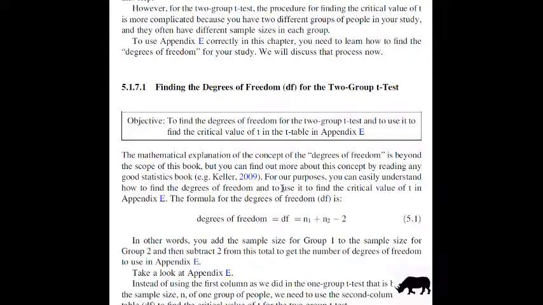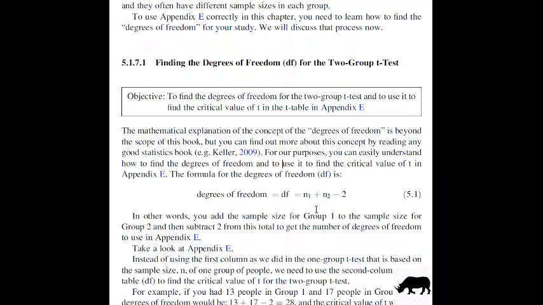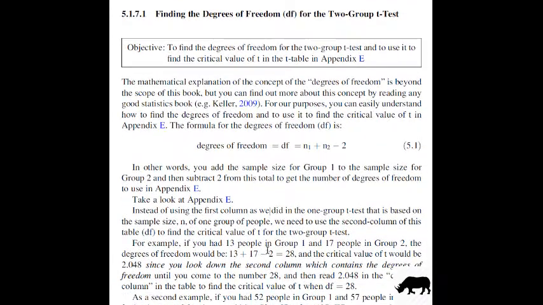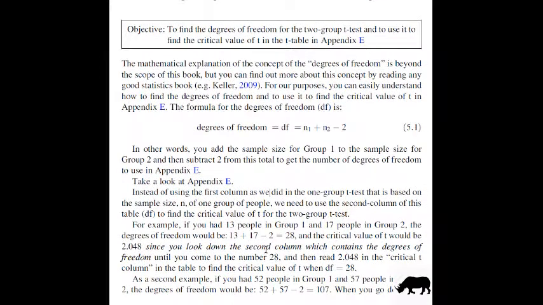For our purposes, you can easily understand how to find the degrees of freedom and use it to find the critical value of t in Appendix E. The formula for the degrees of freedom, df, is n1 + n2 - 2. In other words, you add the sample size for group 1 to the sample size for group 2 and then subtract 2 from this total to get the number of degrees of freedom to use in Appendix E.